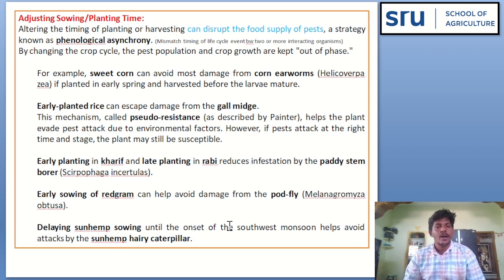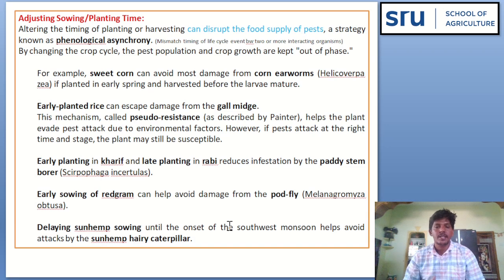This technique is also known as phenological asynchrony, that is, mismatching the timing of life cycle events between two or more interacting organisms. Here, our interacting organisms are the insect pest and the host plant.